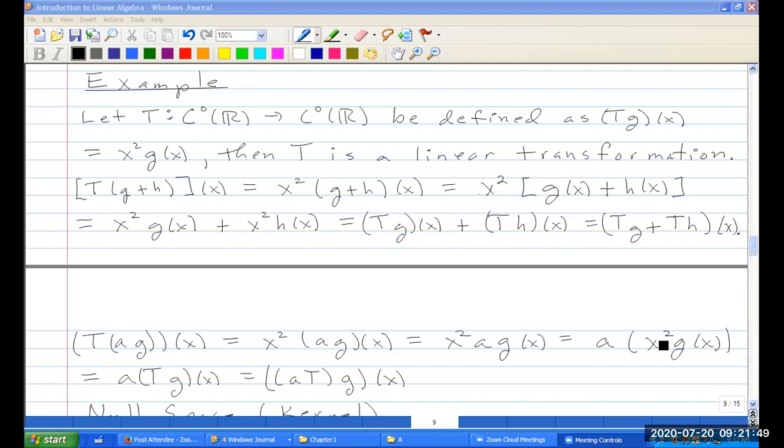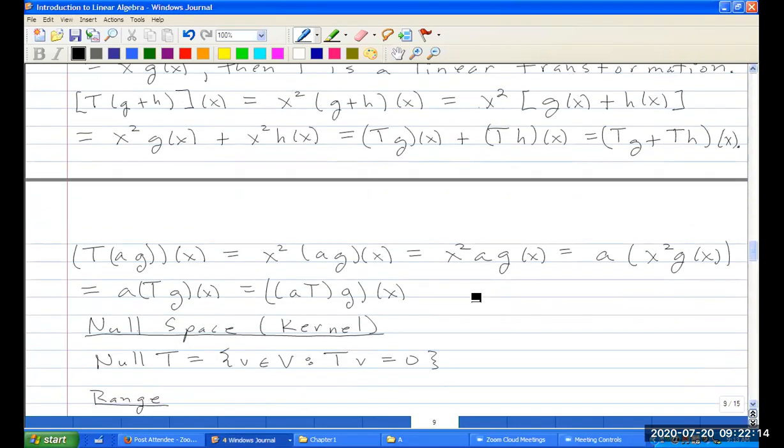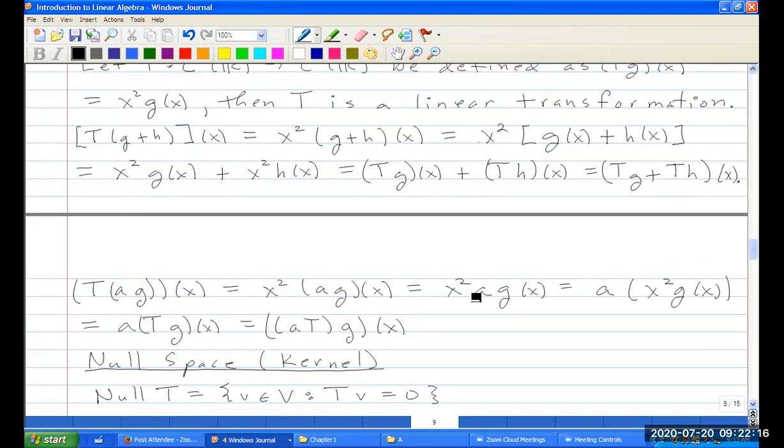I can write this as a times x squared g of x, but x squared g of x is just Tg at x. And so this is the same as a Tg, and that's what you wanted to show. And so you've shown that this particular transformation is linear.